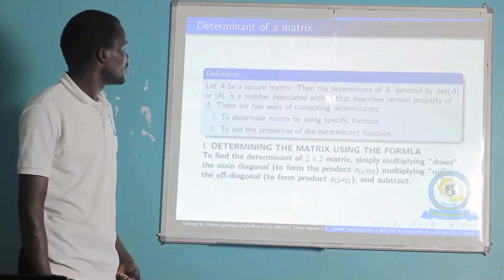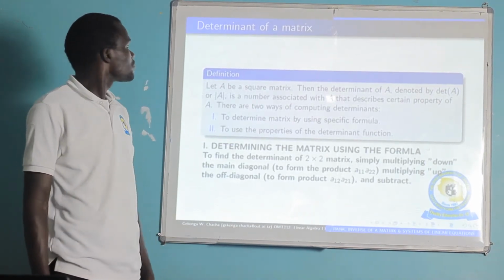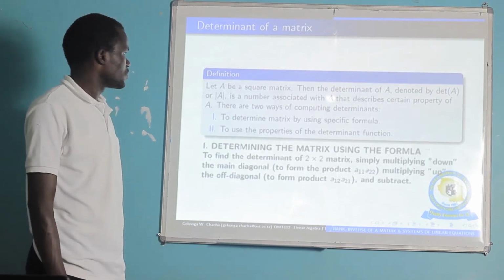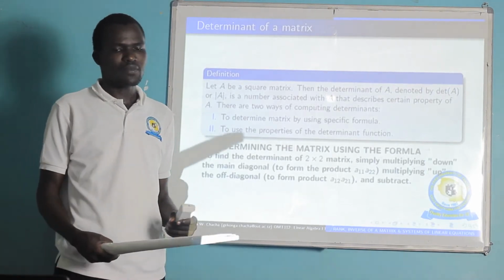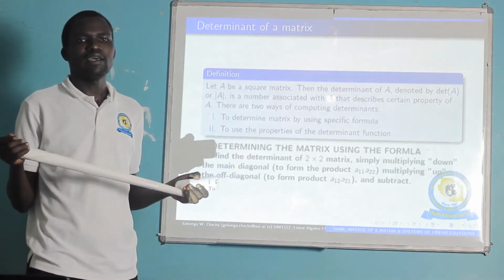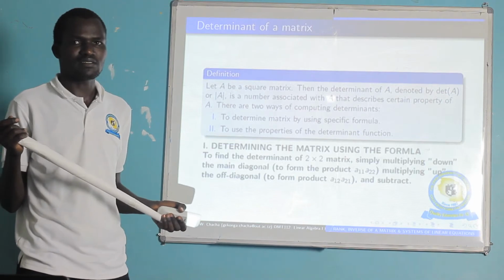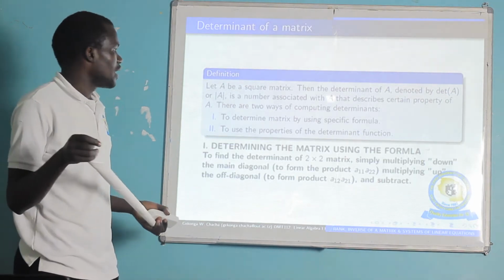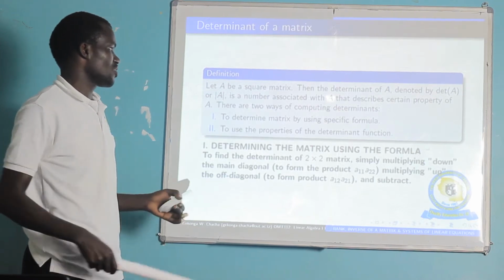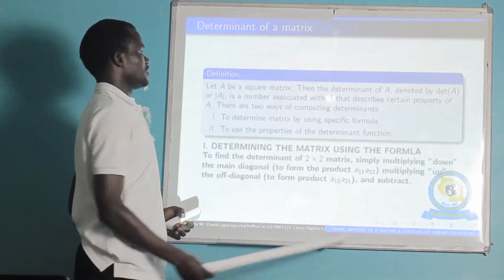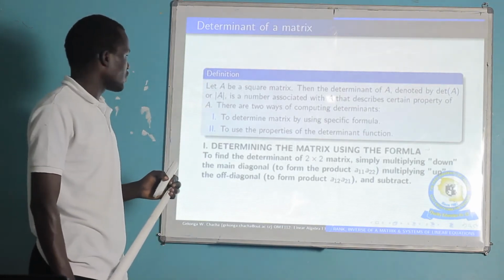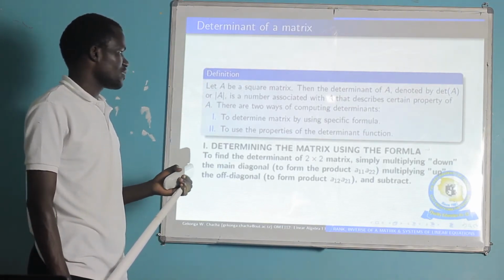So let's see the determinant of the matrix. This is the second subtopic. The determinant of a matrix can be calculated only for square matrices, and it is denoted by det(A) or the absolute value bars |A|. What's the determinant?